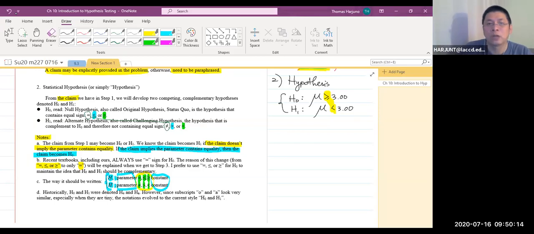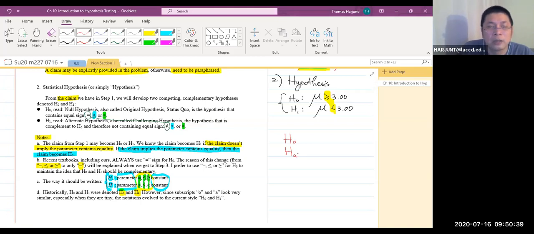Okay, now historical background. Null hypothesis and alternate hypothesis in the past were denoted by H sub 0 and H sub A. Now see, when I write H sub 0, H sub 0 is supposed to be an H sub A, they may look quite similar, especially because they are subscripts, right?